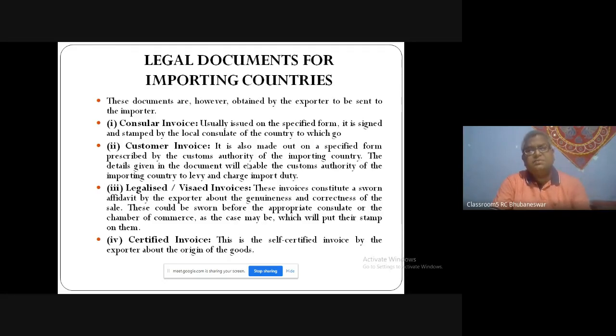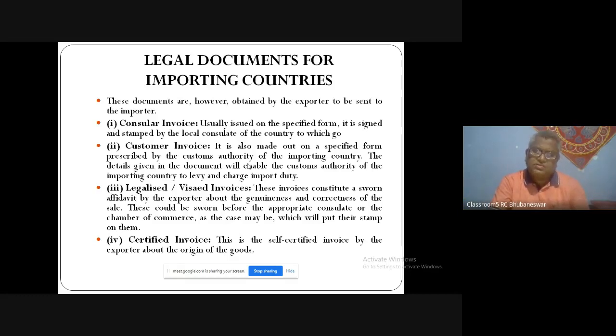These are sent to the importer in the importing country. These legal documents are required for importing countries. The invoice is stamped and consulted with the other country to which the goods are to be sent. The customs invoice is prescribed by the customs authority.